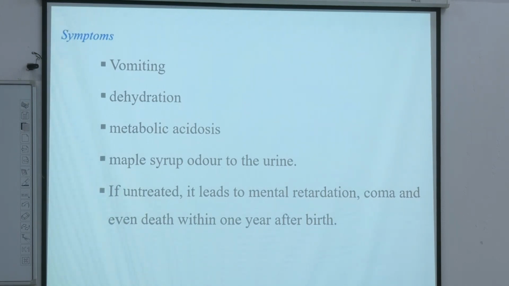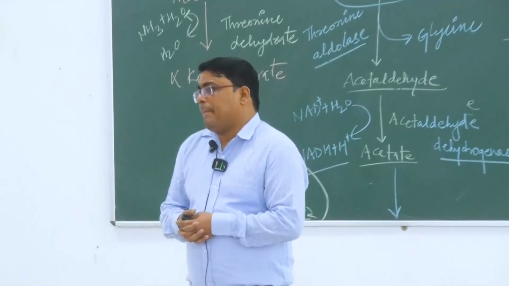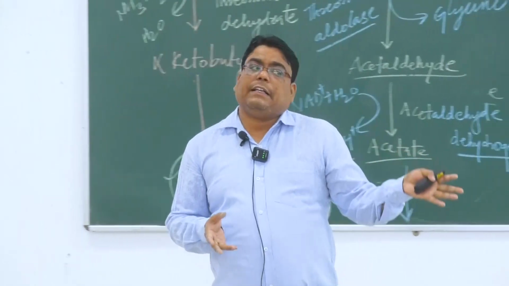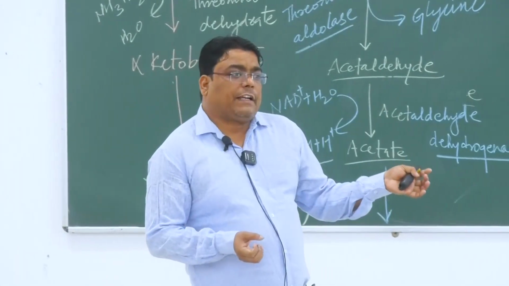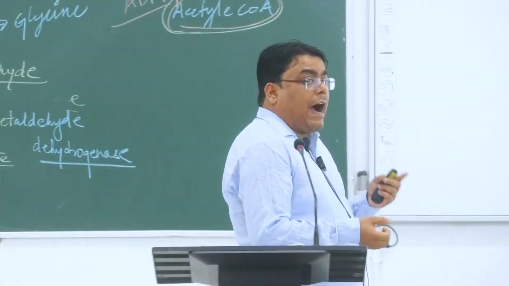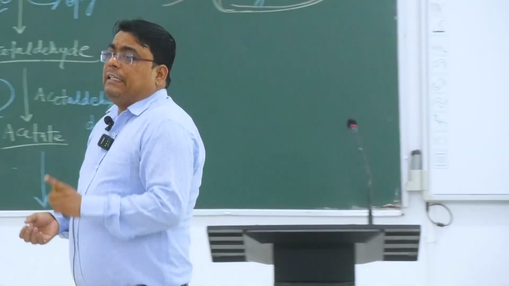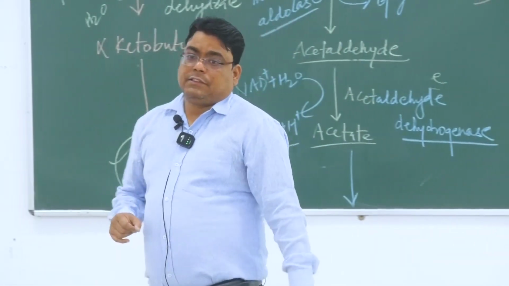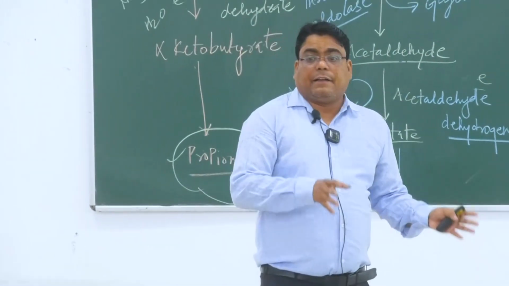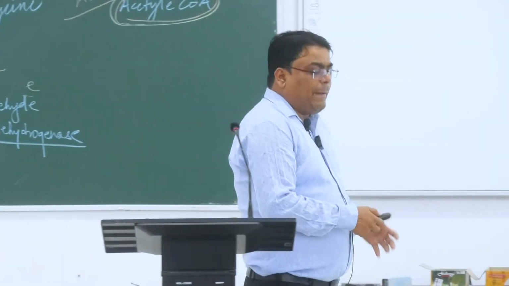How is it treated? The question is, how can we treat this disease? Either we provide the enzyme, alpha keto dehydrogenase. The other chance is to provide a diet which doesn't have these types of amino acids, a protein deficient or amino acid deficient diet, to such a patient.